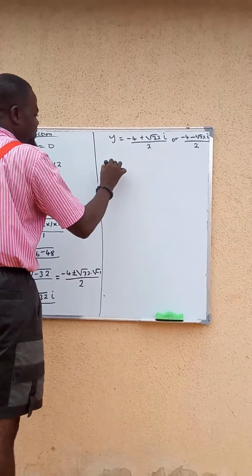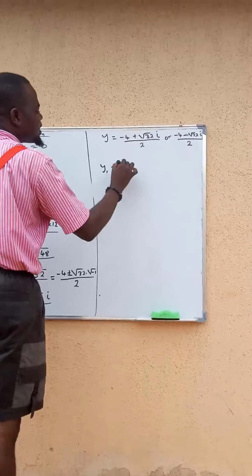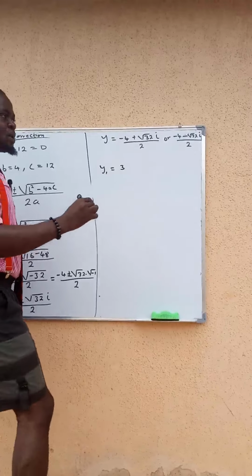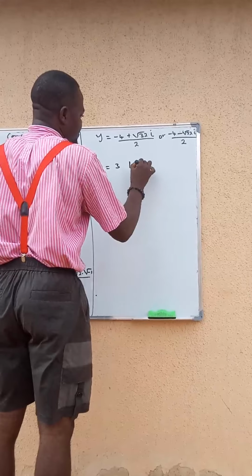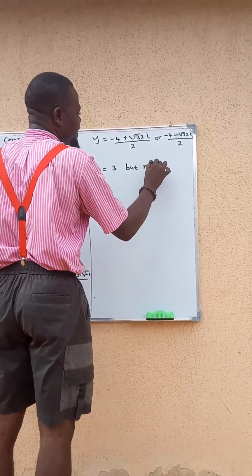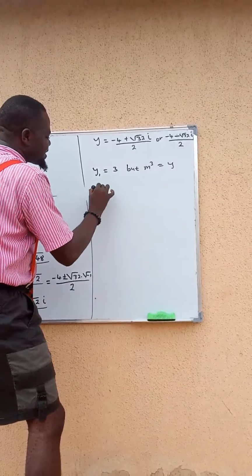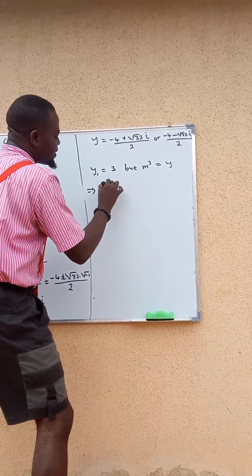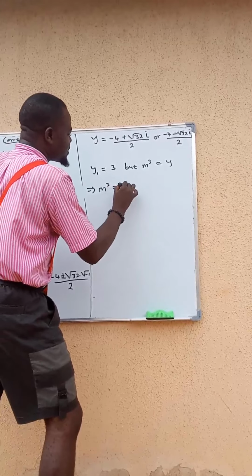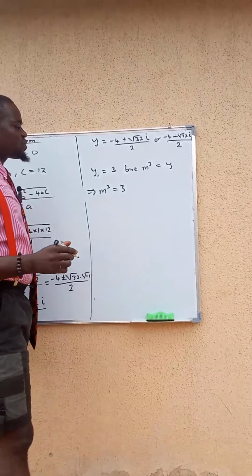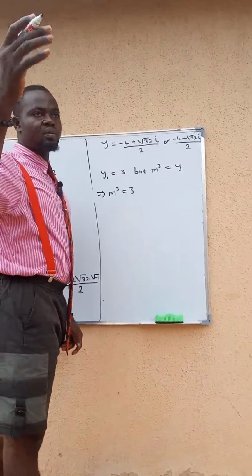If my first y, my y1, is 3, but m raised to the power of 3 is equal to y. This implies that my m raised to the power of 3 is equal to 3, which is y. So for me to find m, I'll take the cube root of both sides, and the cube root is power 1 over 3.